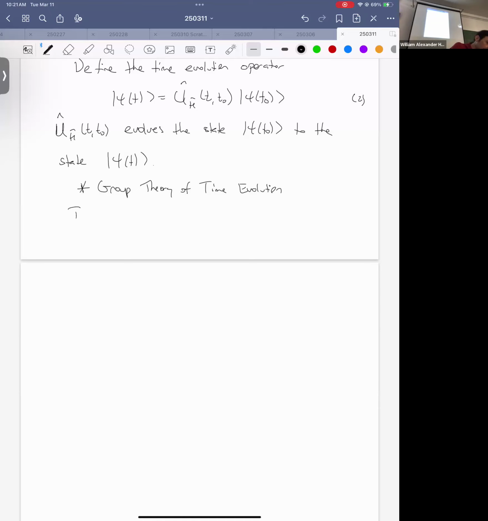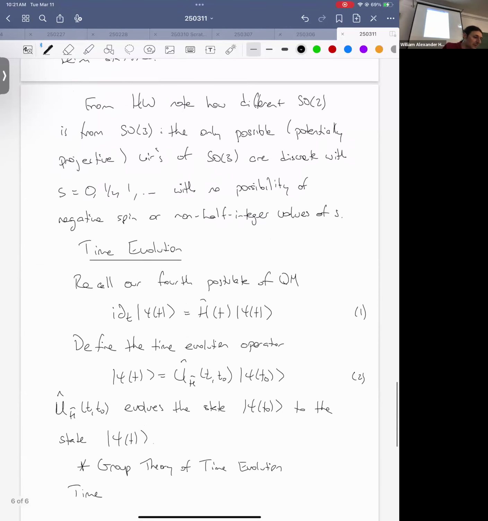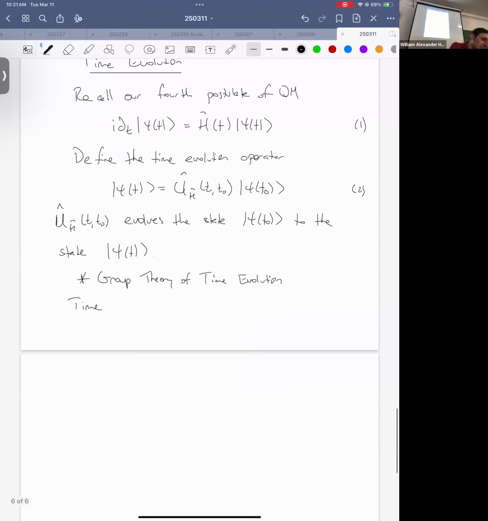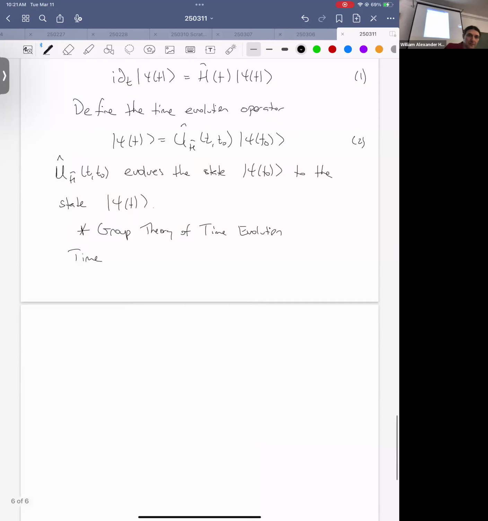As mentioned earlier today, this is completely independent of our statement about the fourth postulate of quantum mechanics, but we will use the fourth postulate to connect the generator of time evolution to the Hamiltonian. All right, so time evolution is a continuous symmetry.